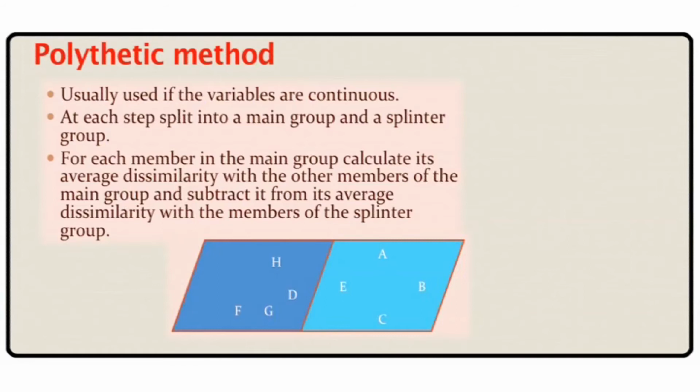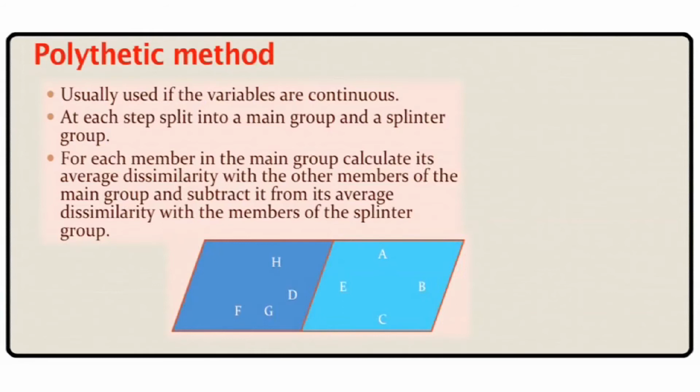What we can see is that if we are looking at B, in that case its average distance from A, E and C would be small compared with its average distance from D, H, G and F. So if we take the difference, it's primarily going to be negative.